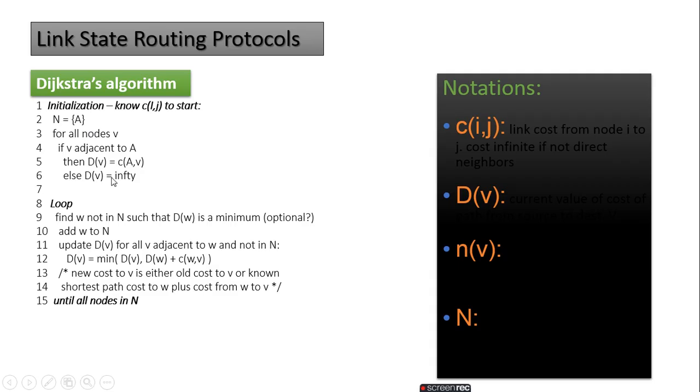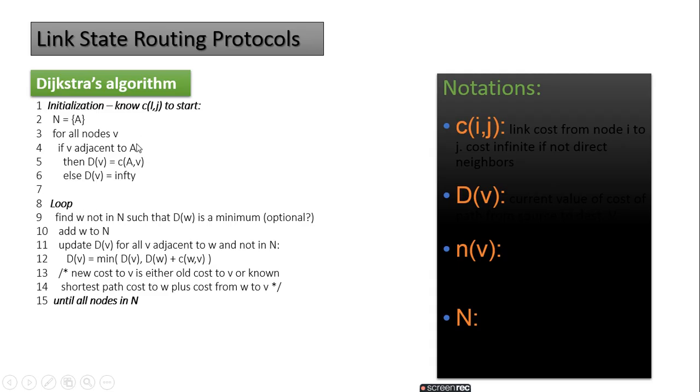C(A,B) means the cost, it takes parameters A and B, which means the link cost from one node to another node, from A to B. And we have different parameters like D(V). D(V) stands for the current cost value of a known node, and you have a loop here which is basically an iteration.